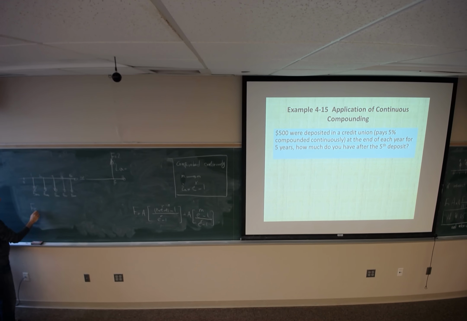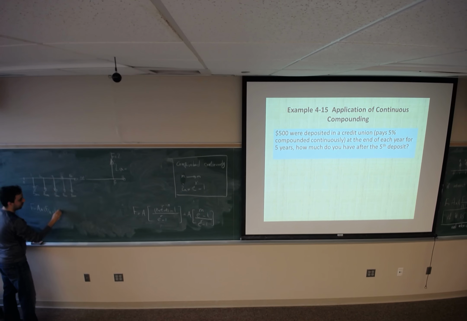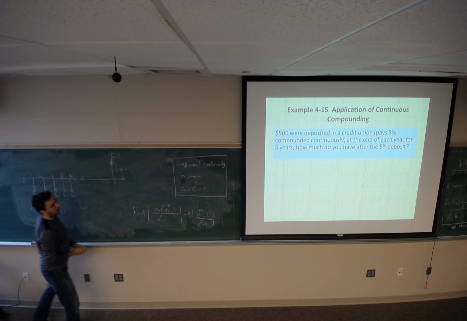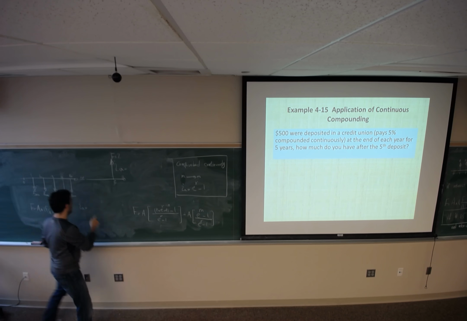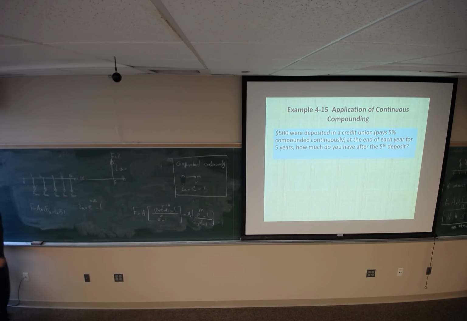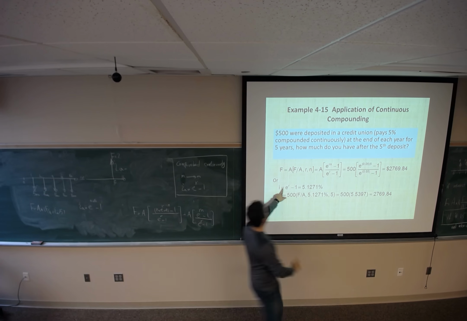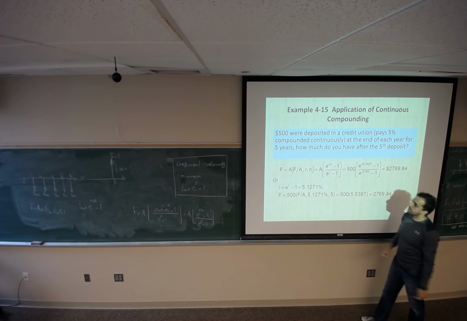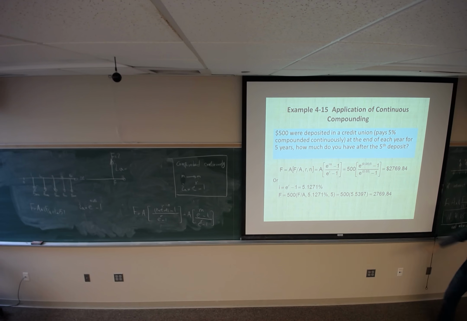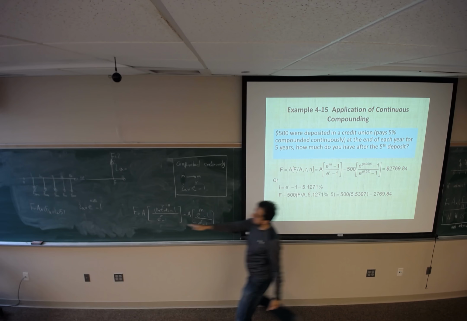When A is given, A times F over A, IA, and n is 5. So you can do two things. Either calculate IA, which is e^5% minus 1, which is going to be 5.127%, and do the calculation by plugging IA here.